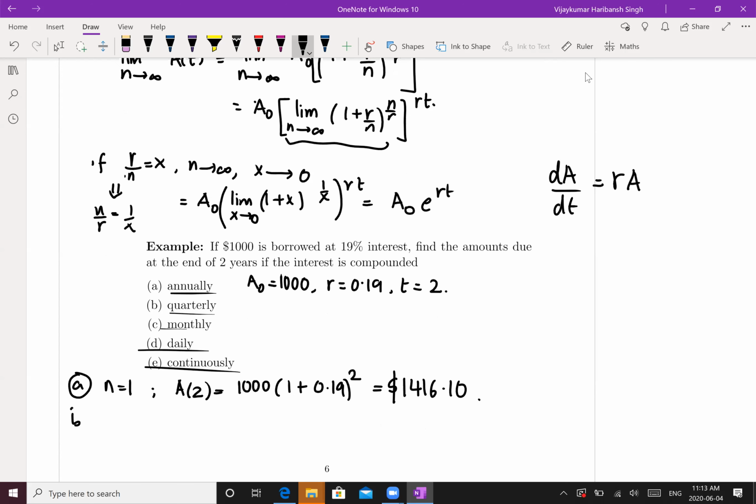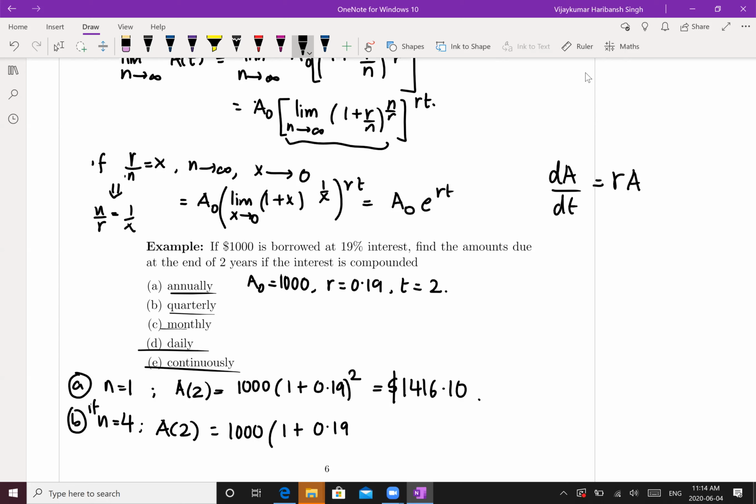Now, if you do quarterly, your n is 4. In that case, your A2, although I'm using the same notation, you can use a different notation for it, is going to be 1000 times (1 plus 0.19 divided by 4) to the power 4 times 2. You're compounding 4 times a year.